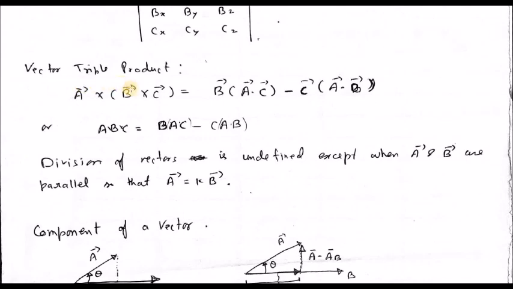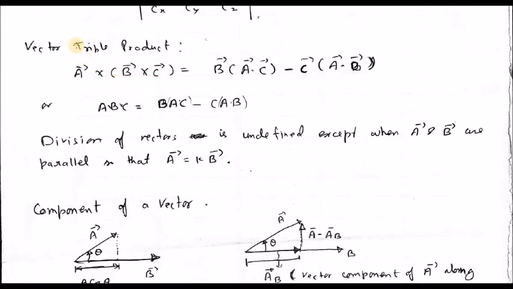Next is the vector triple product, and the output of the vector triple product will be a vector. So a cross (b cross c) follows the BAC minus CAB rule.